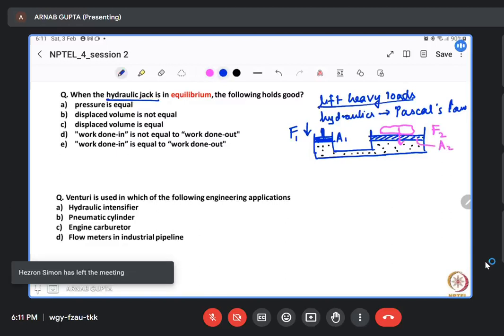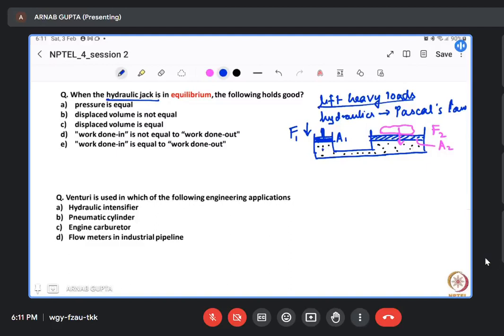As we understand from Pascal's law, the pressure in a fluid gets transmitted undiminished along the span of the fluid, in case the fluid is at rest. So that is important.